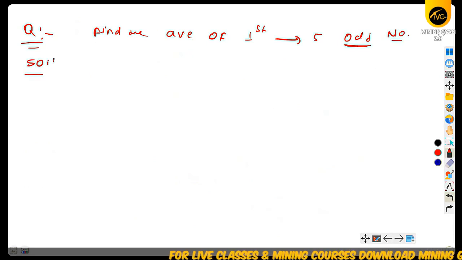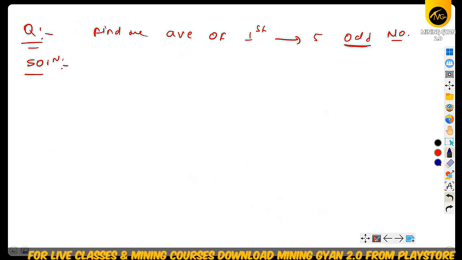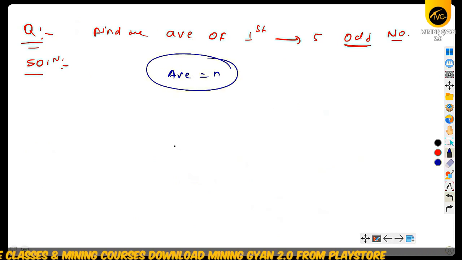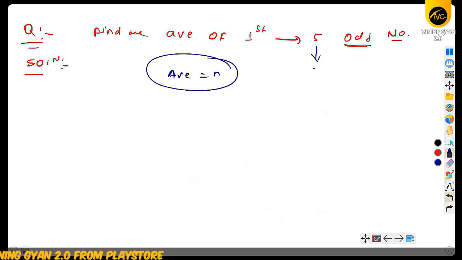So what formula do we have to use? It is a very short formula: average is equal to n. So if you find the first 5 odd numbers, the answer will be 5. This is the average of the first 5 odd numbers, that is 5.